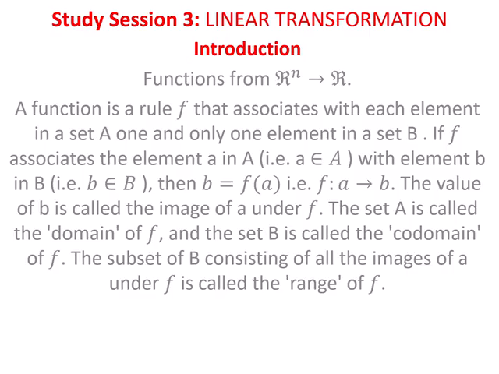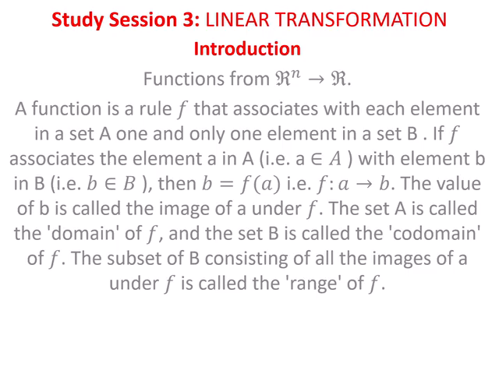The set A is called the domain of f. The set B is called the codomain. So at the left hand side you have your domain, and at the right hand side you have your codomain.